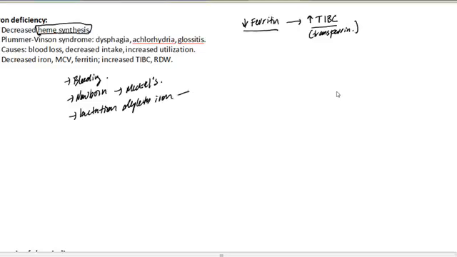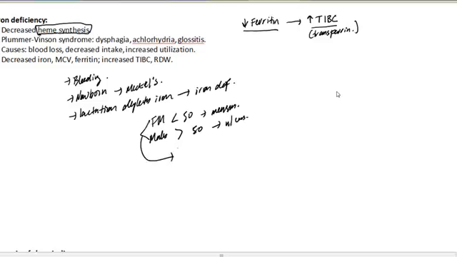So in pregnancy, you can have an iron deficiency anemia as well. Females less than 50, what do we say? Menorrhagia. Males over 50, we said ulcers. And both males and females over 50, we're going to think colon cancer, a bleed due to a colon cancer.